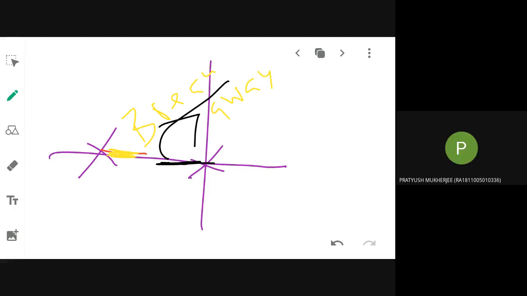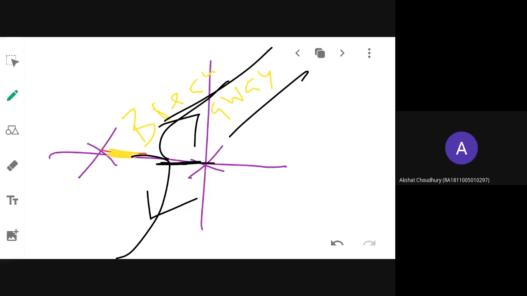So when will you have a breakaway point? When you are having two poles on the real axis, then there is a chance that you are having a breakaway point or break-in point. Suppose you are having two poles, both are starting points only.